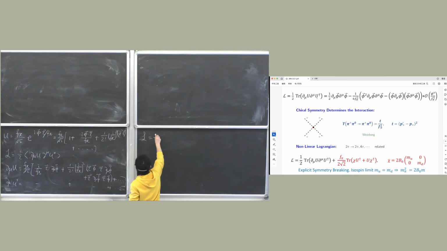So this constant is here. And when we put these two terms into this trace, we should expand this Lagrangian term order by order. So we can see the lowest order in terms of phi is 2, right?